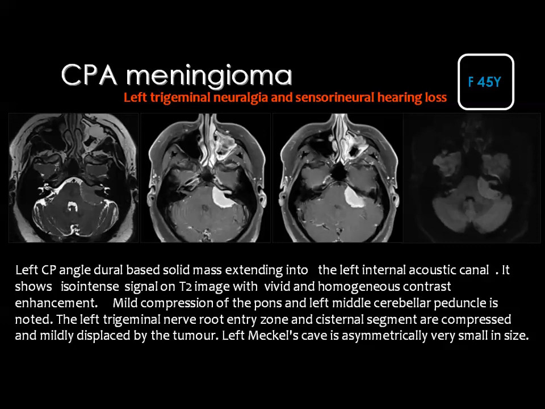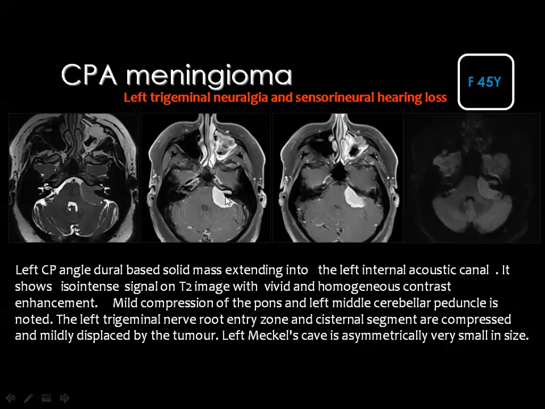Meningioma will produce diffusion restriction, while acoustic neuroma will not show diffusion restriction. Both meningioma and acoustic neuroma may present with sensorineural hearing loss. But in this particular example, you can see that meningioma is extending inside the internal canal.